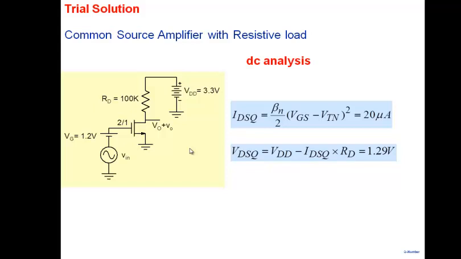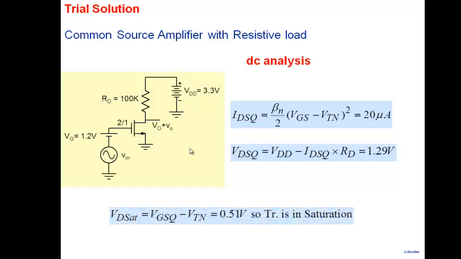So once I have IDSQ, then all we need to do is write a KVL in this output loop here. So we have VDD minus IDSQ times RD. So we get the drain to source voltage here, and that is 1.29 volt. And we note also that once we have VGS as 1.2, one can calculate what is VD sat, which is VGS minus VT.